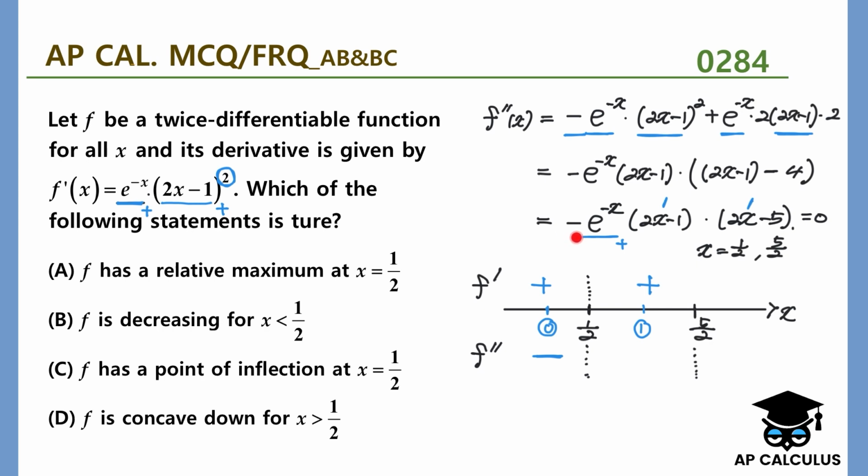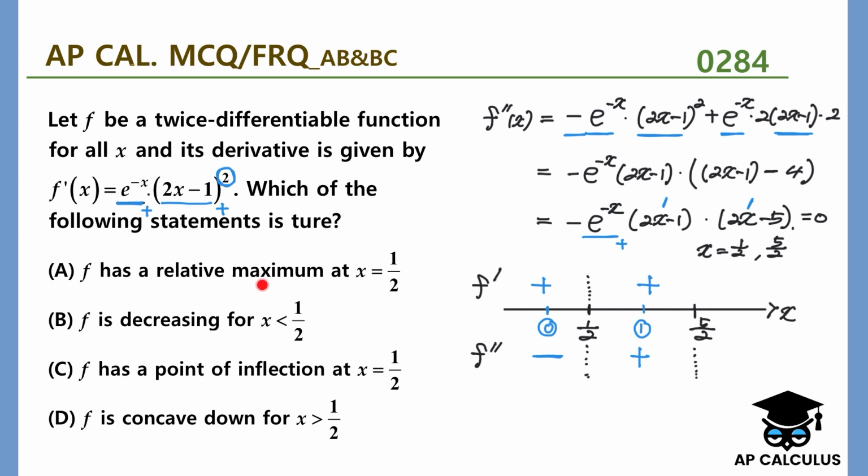So we have one negative only. Positive, positive. This is negative, right? So two negatives are multiplied together, then that's going to be positive here. So far, so good. So let's look at the answer choices now.